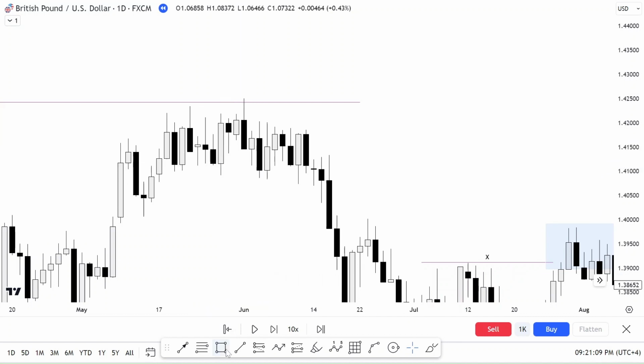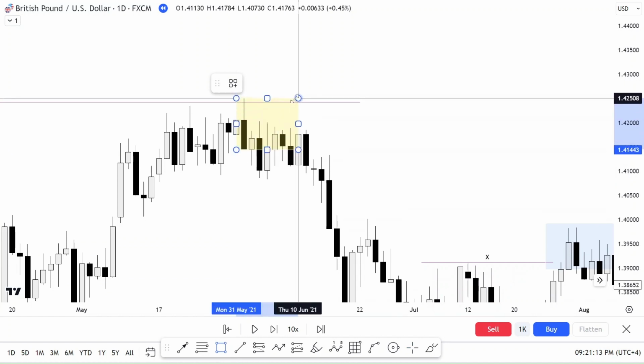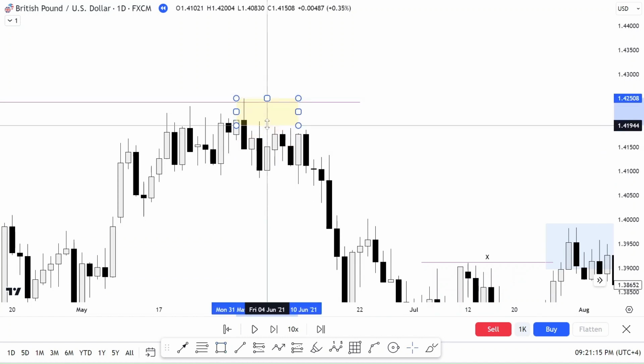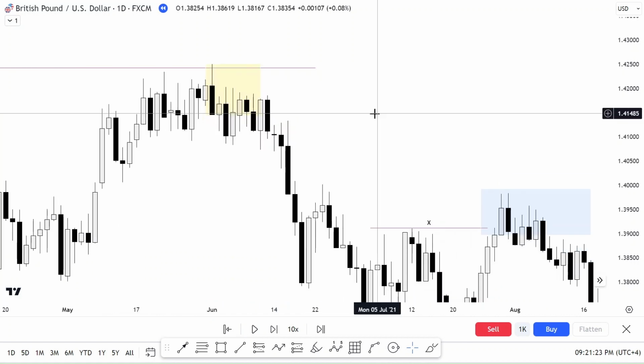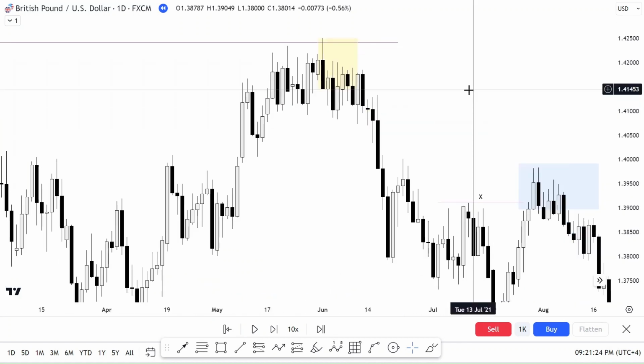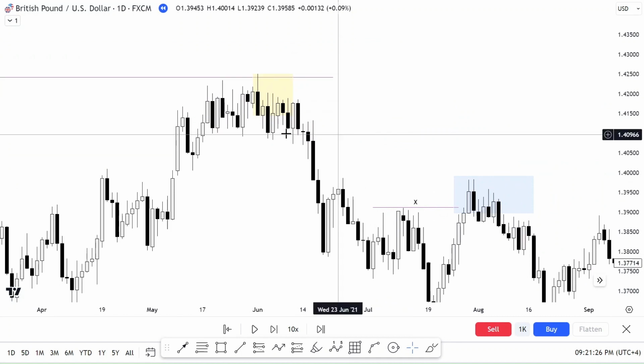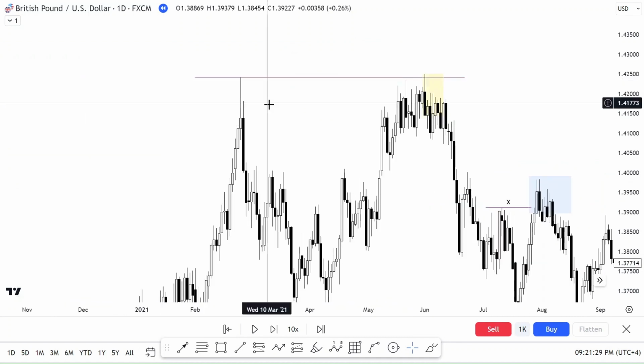Once it closed, you should mark the candle. And by the way, you can mark only the wick or you can mark the candle. Sometimes the market will hit the wick, sometimes the market will hit the body of the candle only. So here is an amazing scenario of how you can identify it when the market sweeps the major high.